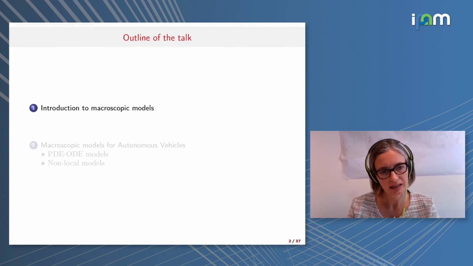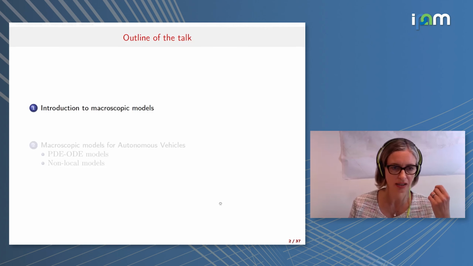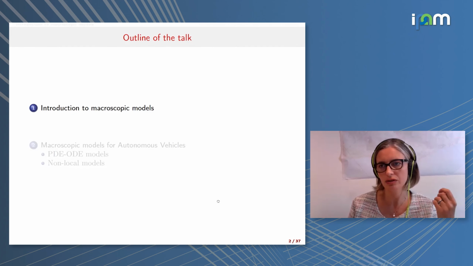Then I would like to concentrate on macroscopic models taking into account autonomous vehicles. So how we can describe the presence and the impact of autonomous vehicles in the traffic flow.